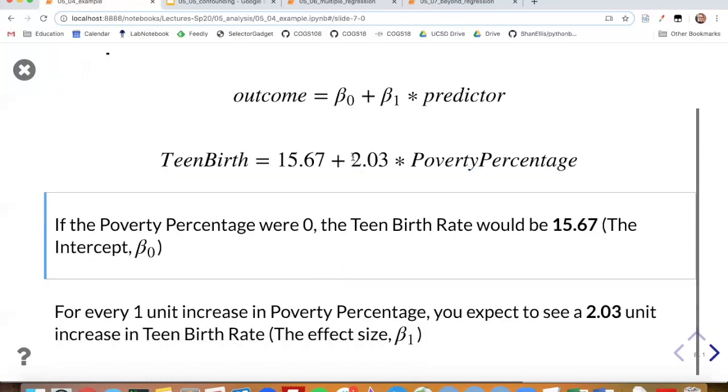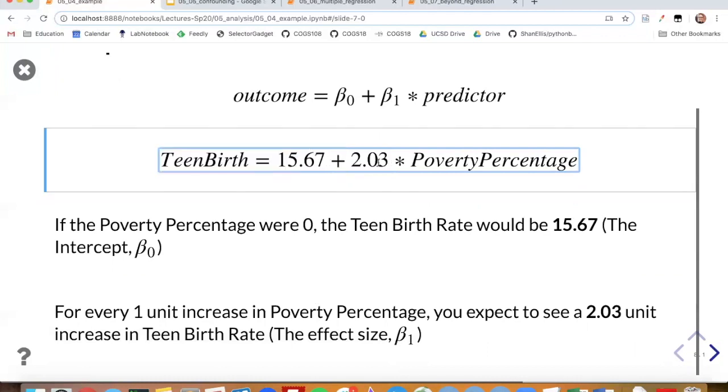The way to interpret 2.03 is that for every 1 unit increase in your predictor, so for every 1 unit increase in poverty percentage, you would expect to see a 2.03 unit increase in teen birth rate. This is measured by beta 1, your effect size, your slope. So if you went from 2% poverty to 3% poverty, a 1 unit increase, you would expect the teen birth rate to go up by 2.03.